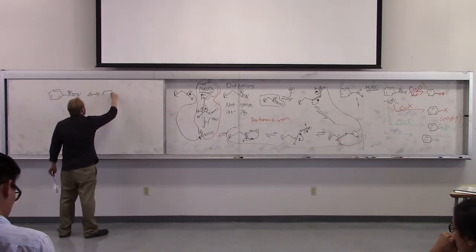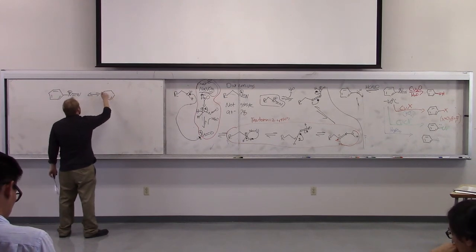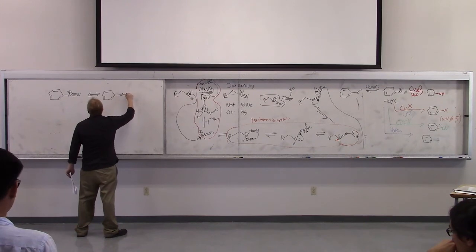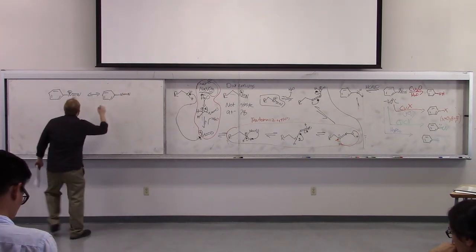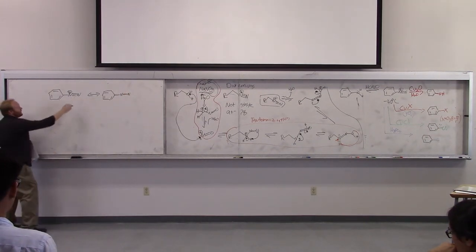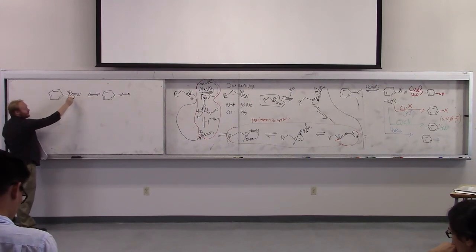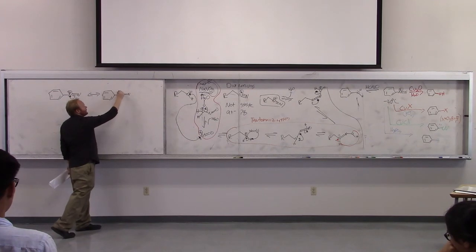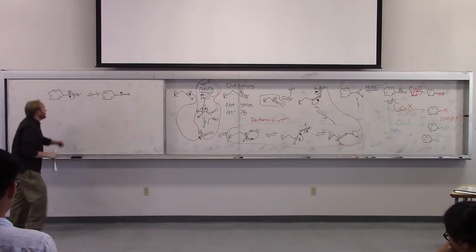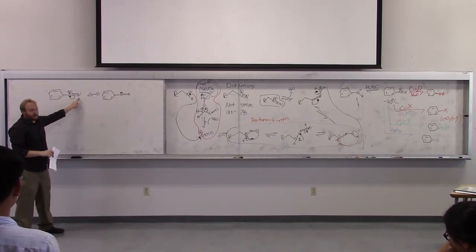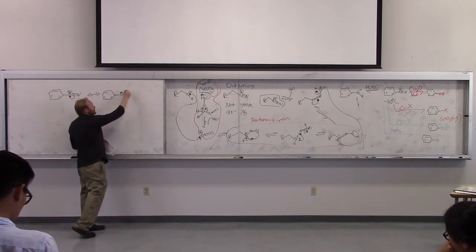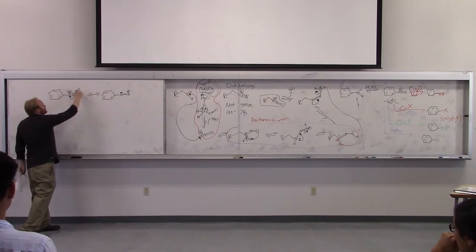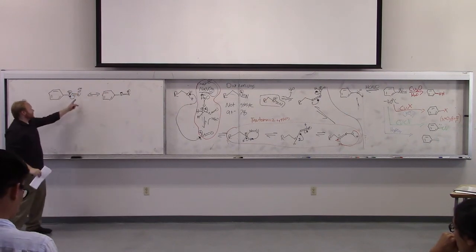I'll just draw the resonance structure. So we can imagine this bond going over to here, making this nitrogen neutral. But since this nitrogen lost this bond, it lost some electrons, so it will have a positive charge. So based on this resonance structure, there's a bit of positive charge on this nitrogen.